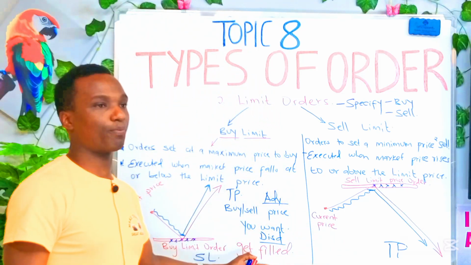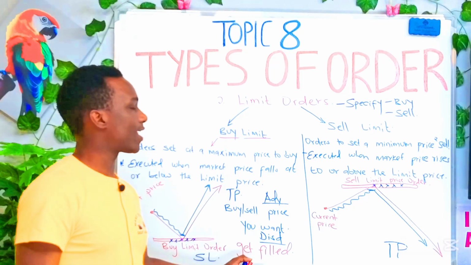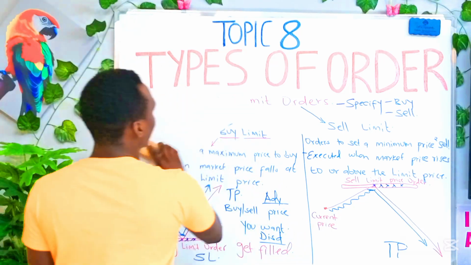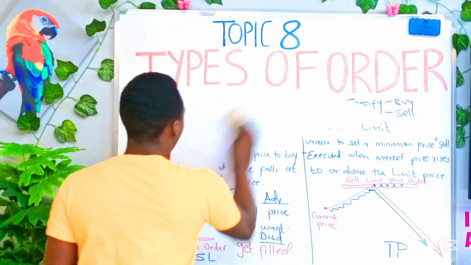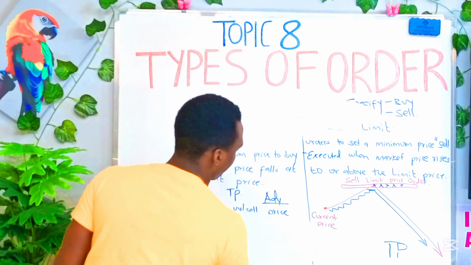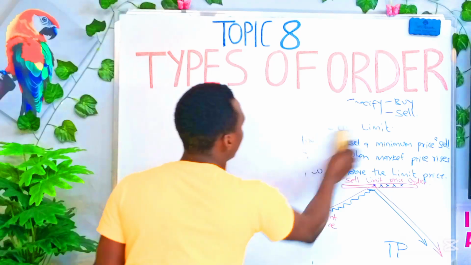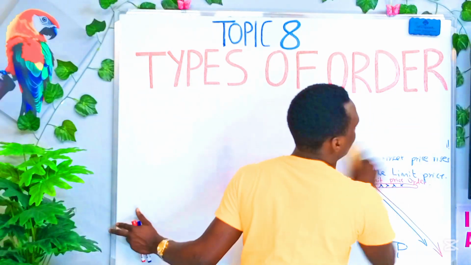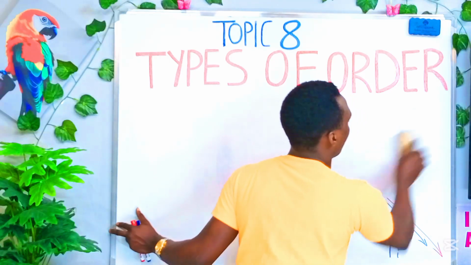Anybody who's not finished copying this? Okay, so number 3, we are going now to the market stop orders. We are going to discuss the stop orders. We've just looked at the limit orders. Please get the difference between these types of orders.